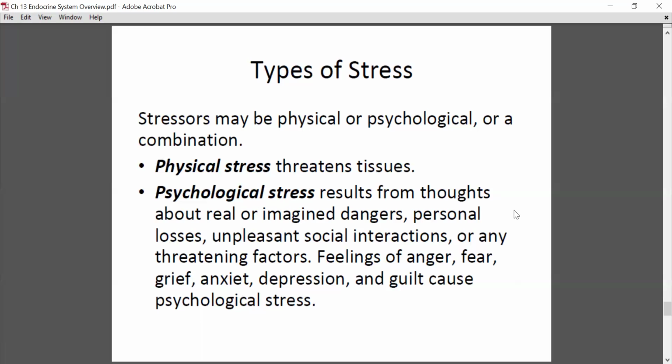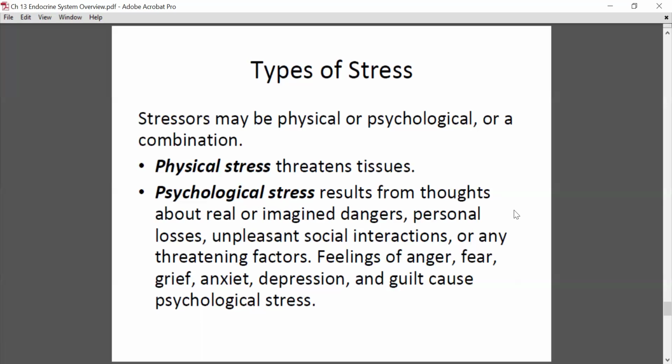You have to perform in front of other people and you don't want to. You have to just speak to people that you don't want to speak to. Those unpleasant social interactions can cause a stress response or any other kind of threatening factor. Feelings of anger, fear, grief, anxiety, depression, and guilt can also cause a psychological stress.